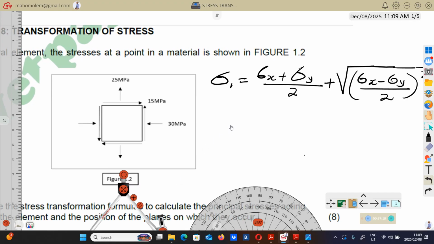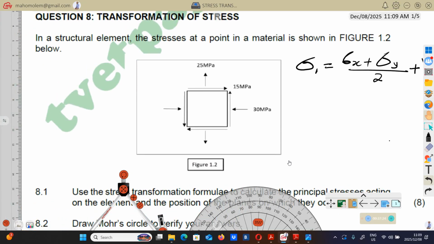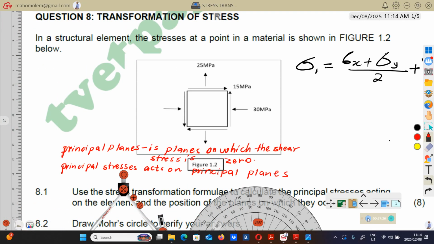Right. What is the principal stress or principal plane? Principal planes are the planes on which the shear stress is zero. Principal stresses act on principal planes. So we are going to rotate this thing. As you rotate this element, let's say we initially rotate it to this smaller angle.